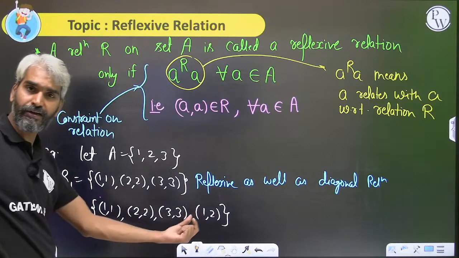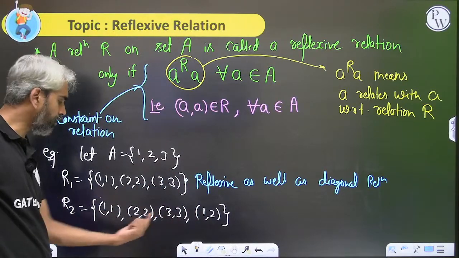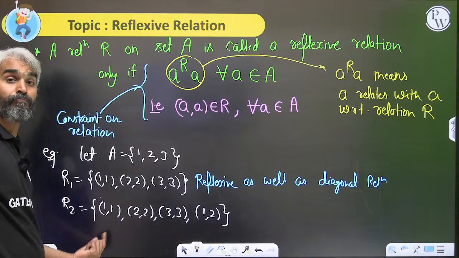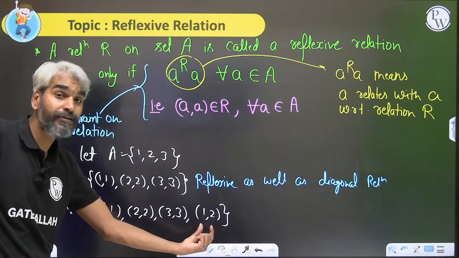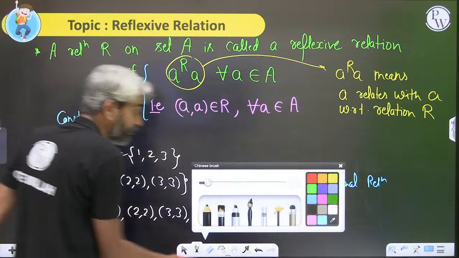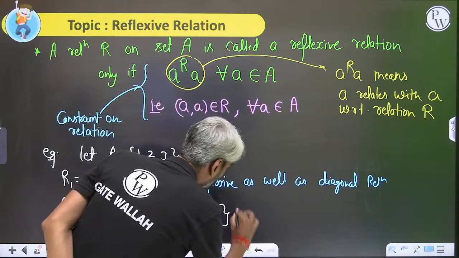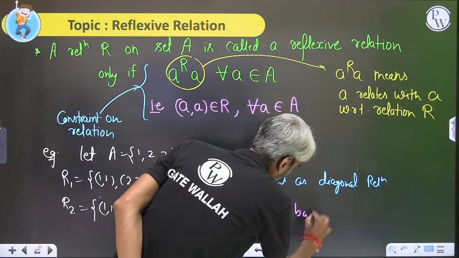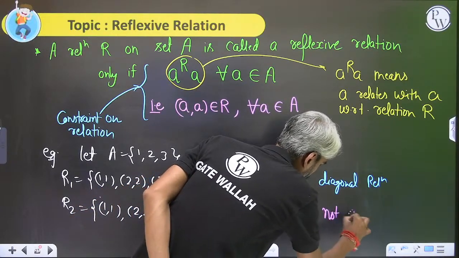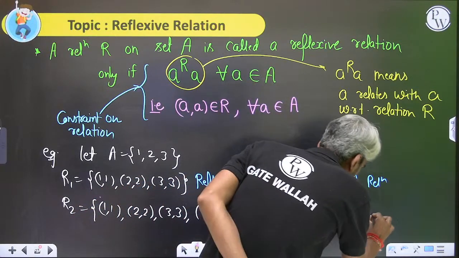So please tell me, is it reflexive? Yes, sir, it is reflexive because all diagonal order pairs are present. But is it diagonal? No, sir, because no non-diagonal order pair can be present in the diagonal relation. So it is reflexive, but not a diagonal relation.